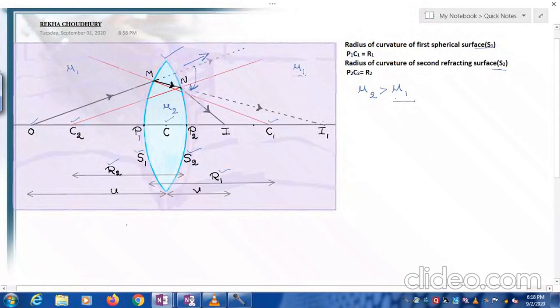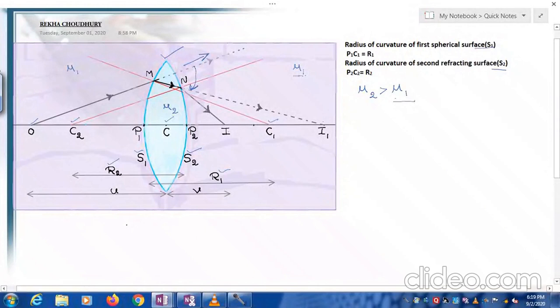So here at the point N, refraction takes place as the ray is travelling from an optically denser medium to a rarer medium, so it will bend away from the normal. At the point N, C2N is the normal to the surface S2, which is also the radius of curvature of this surface S2.